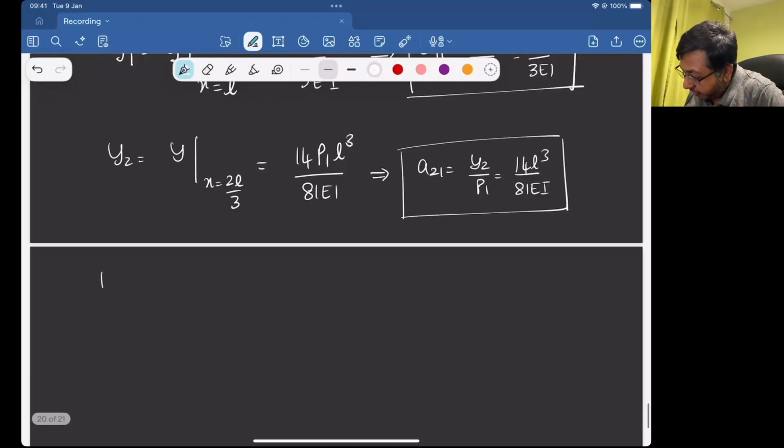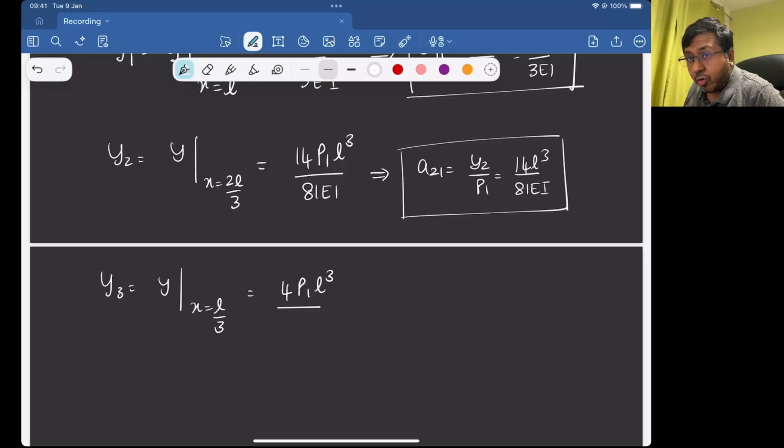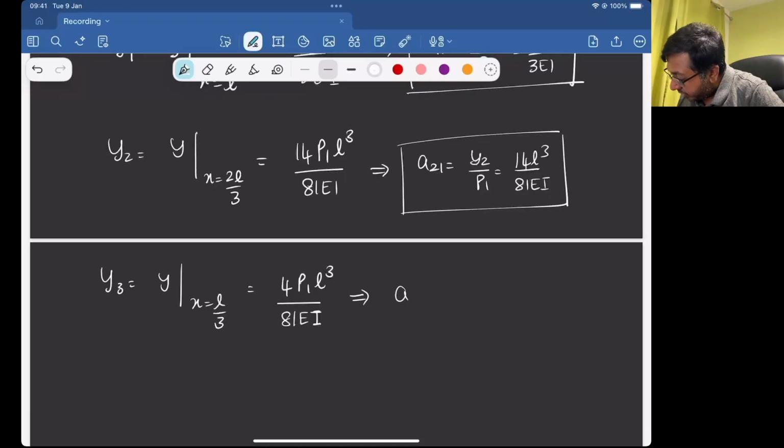Similarly, Y3 is Y at x equal to L by 3. If I substitute again, I get 4 P1 L cubed over 81 EI. I would kindly request you to substitute and extract these yourself, so that you can be sure of what you are trying to do here. 4 L cubed over 81 EI.